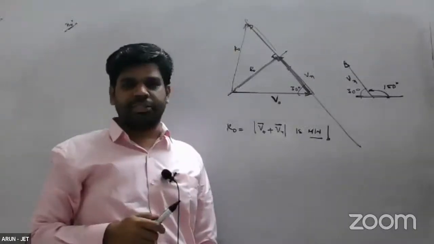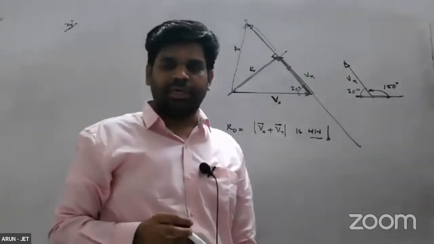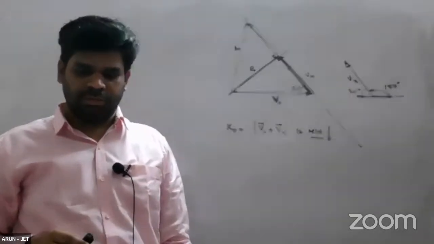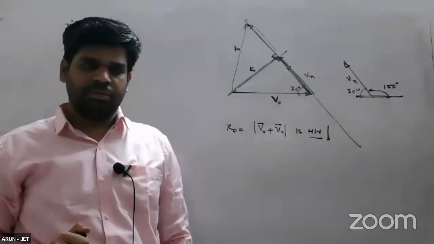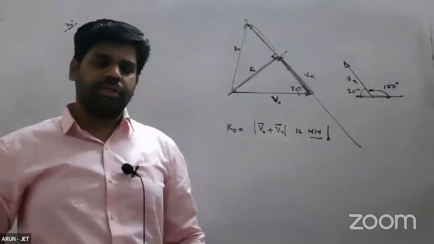Root 3 by 2 V naught. All right. Gayatri says root 3 by 2 V naught. How about others? Rakshit, what do you say? Rakshit, are you there?